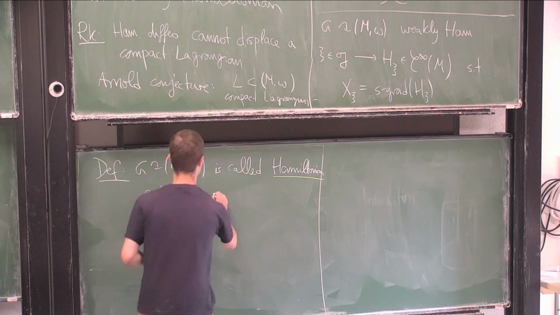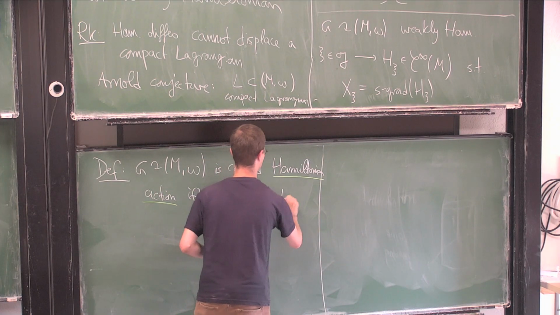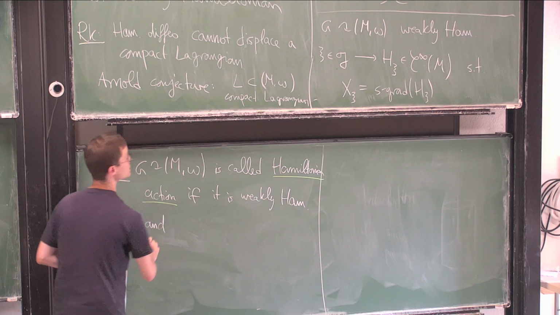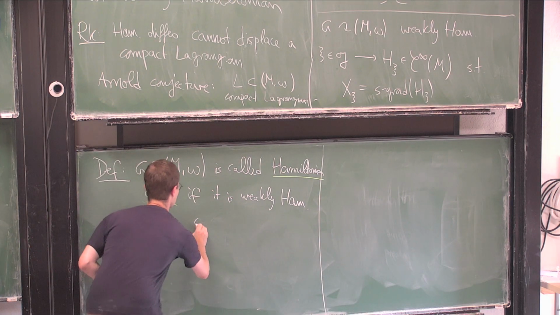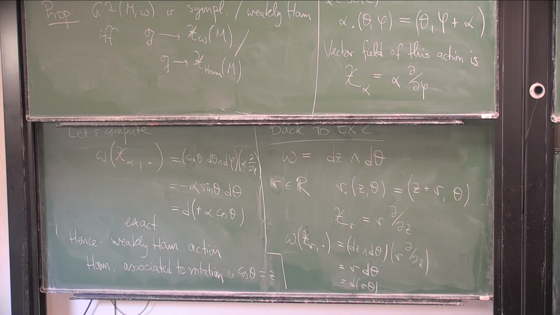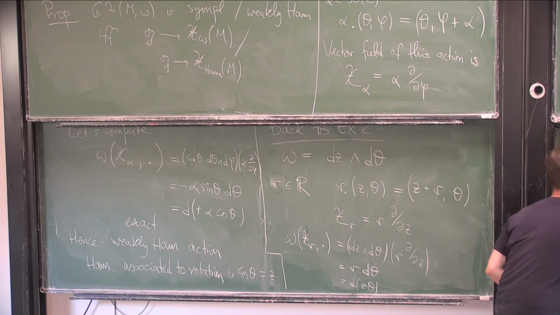If it's weakly Hamiltonian and kind of this map from G to C infinity of M, which to psi associates the Hamiltonian, is a Lie algebra homomorphism.